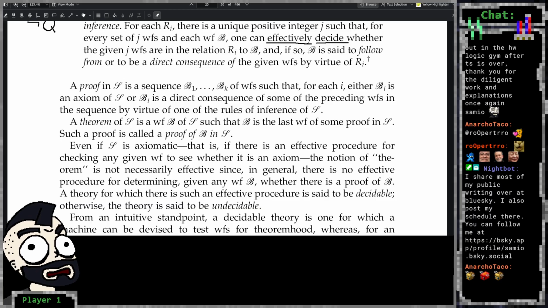And the immediate question that popped into my mind when I studied this is, okay, but how do we know that the rules preserve truth in the same way that we were preserving truth through the other definition? Well, turns out that is quite more difficult than it first appears.